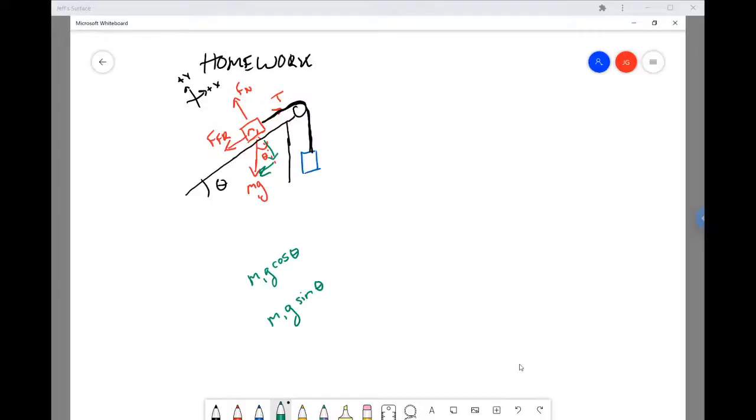Okay, and you can resolve that using sines and cosines, just like the incline problems that we've done so far. So one of these terms pops into the net force equation for your net force in the x direction, and the other one pops into the equation for the net force in the y direction. And then proceed algebraically to find your solution. But the goal in that problem is to find the rate of acceleration, just like we did with the flat surface.